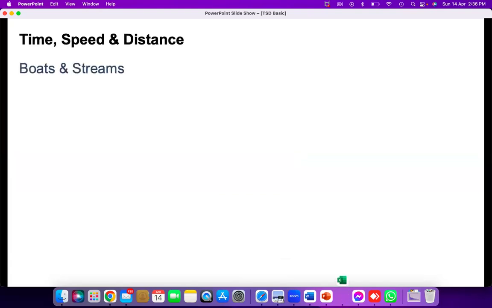Cool. Now, boats and stream. This case is not a case of relative speed. Relative speed comes into the picture when there is a change in frame of reference. It means the speed of one body with respect to another body. So basically you will find that there is no absolute speed in the universe. Every speed is relative speed.